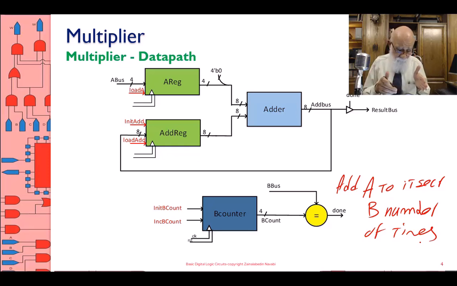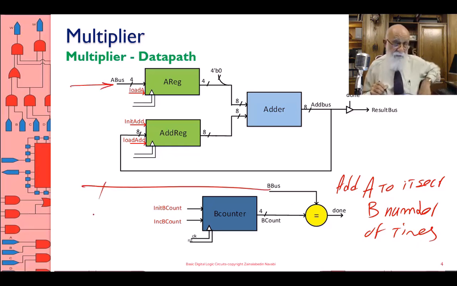Inputs come in. I assume A bus is available. I assume B bus is available. Okay? A bus has A, B bus has B. I first load A into A register. Then I have an adder.